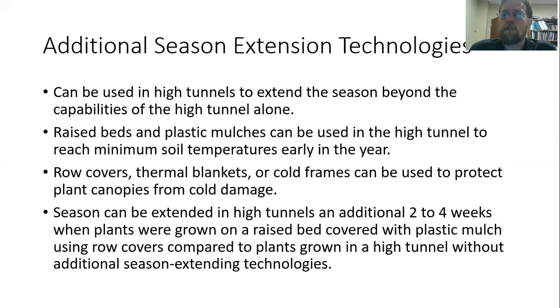Additionally, row covers or thermal blankets or cold frames can be used to protect plant canopies from cold damage. And by using raised beds, plastic mulch, and row covers, we can extend that growing season an additional 2 to 4 weeks.